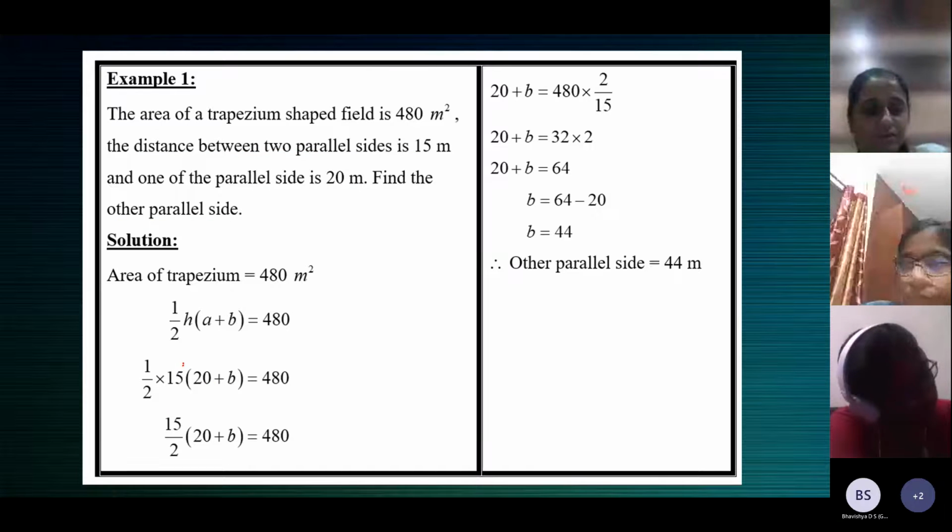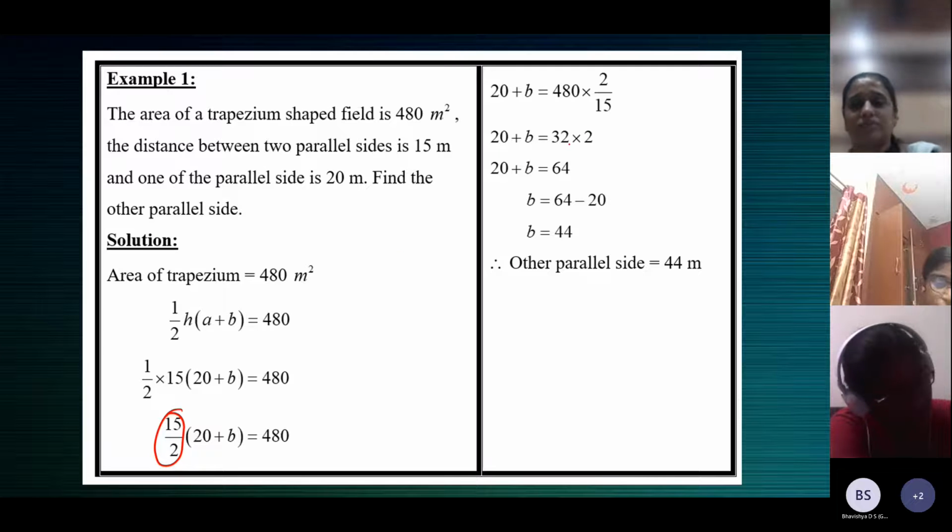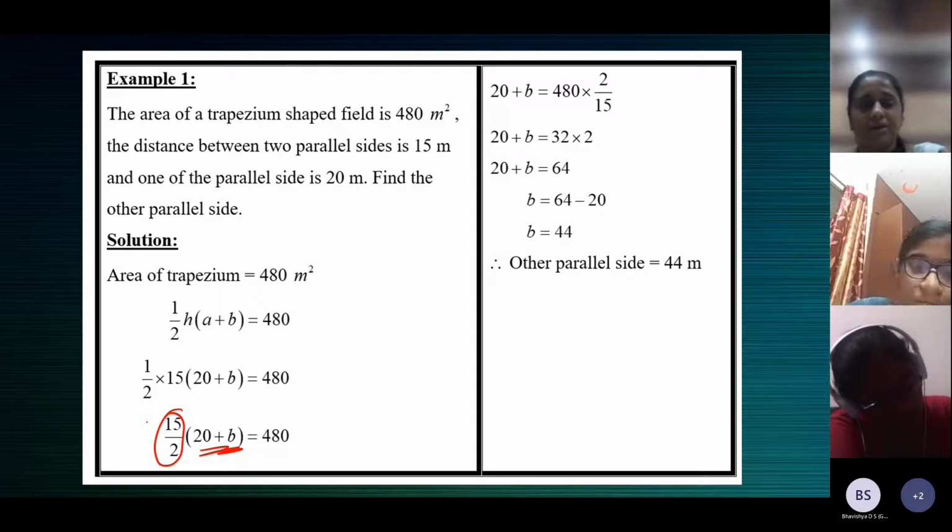So half into 15 is 15 by 2. 15 by 2 into 20 plus B is equal to 480. So 15 by 2 on the other side will become 2 by 15 when you transpose. So 20 plus B is equal to 480 into 2 by 15.